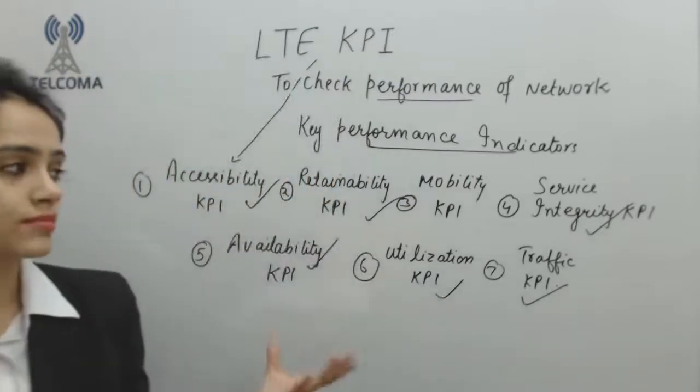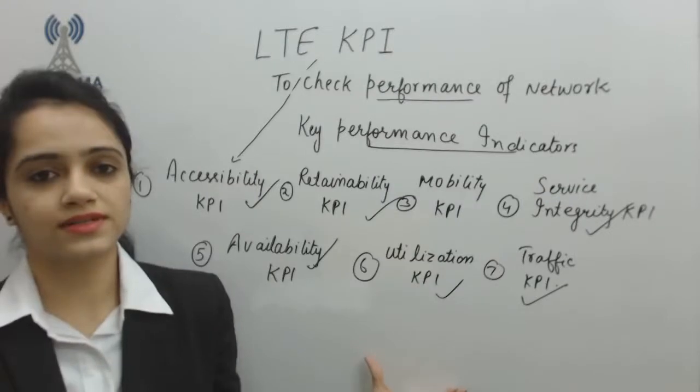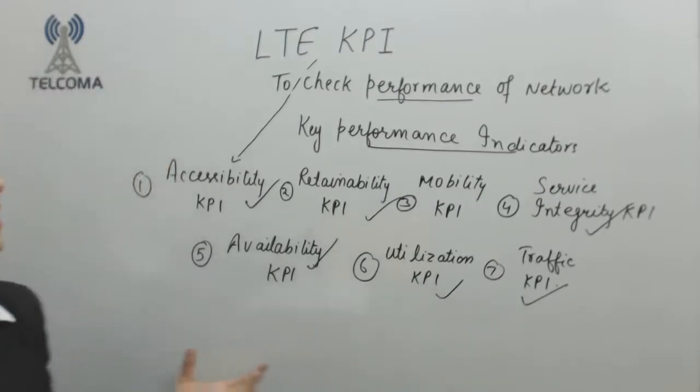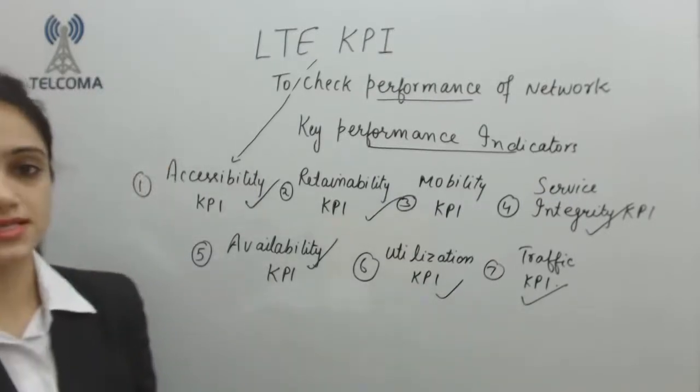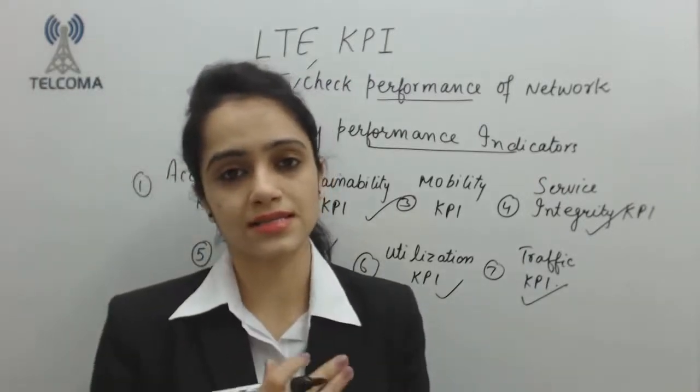Now we have more KPIs under each and every category that we will discuss in our classes. So today let's start with the very first KPI, which is accessibility KPI. Our topic today is accessibility KPI.